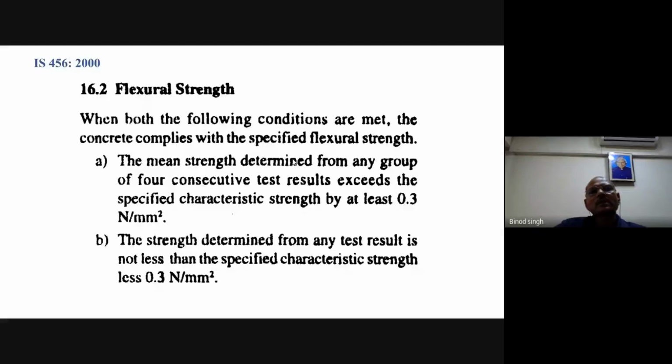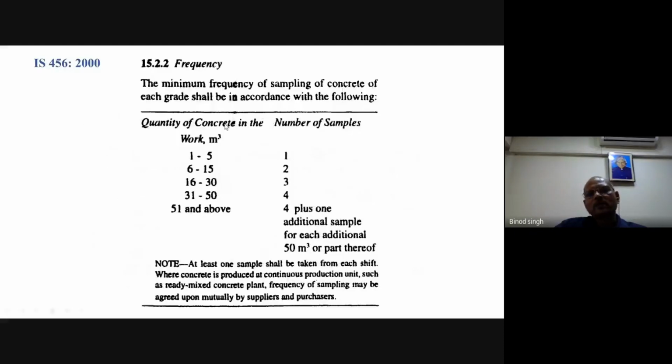And for any batch of concrete, suppose your concrete work is between 1 to 5 cubic meter, then 1 sample is enough. 1 sample consists of 3 cubes. Similarly, if your work is between 6 to 15 cubic meter, then 2 samples are enough, means 6 cubes at different times.